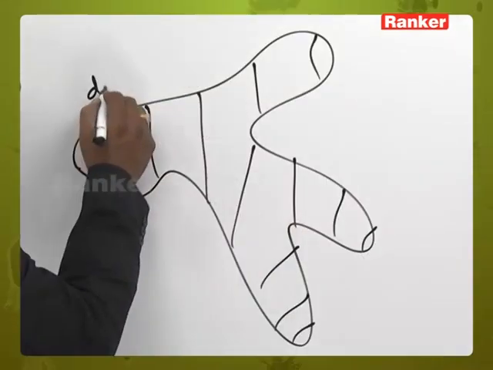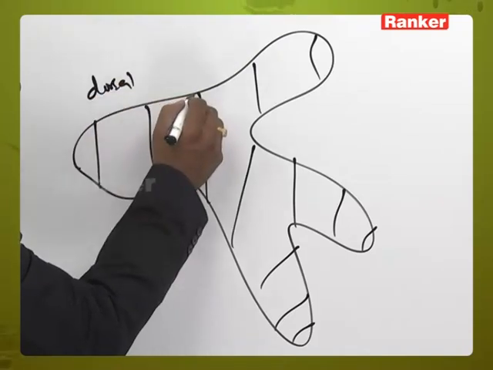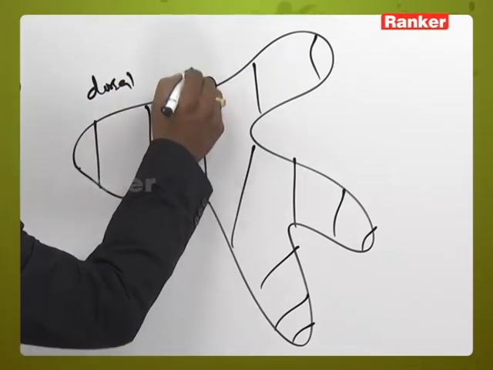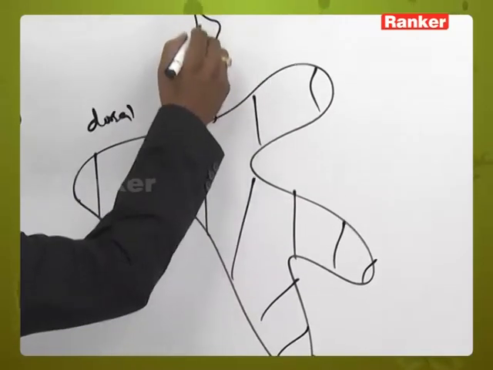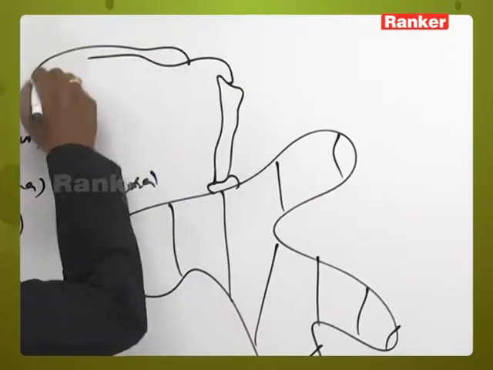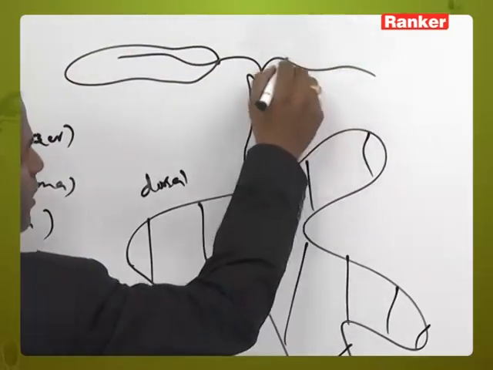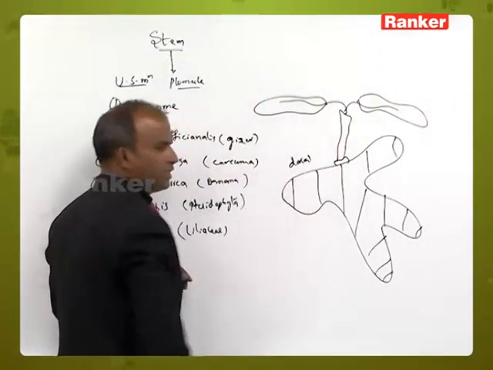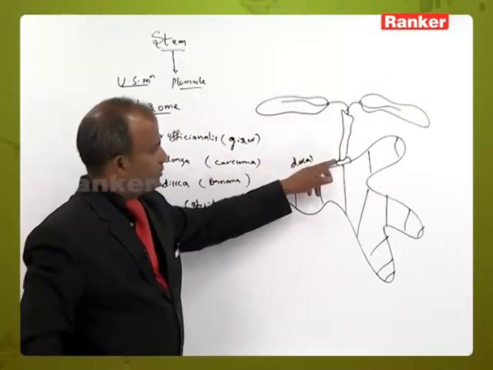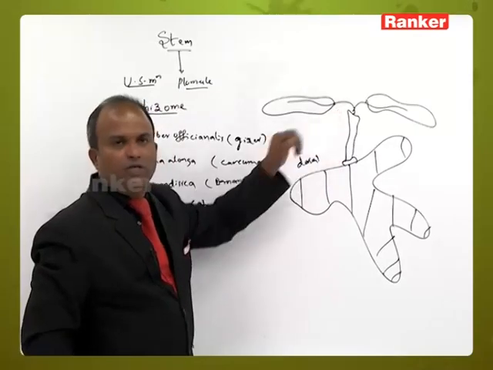That means from the dorsal side, the terminal bud is present. This terminal bud gives rise to the aerial shoot.